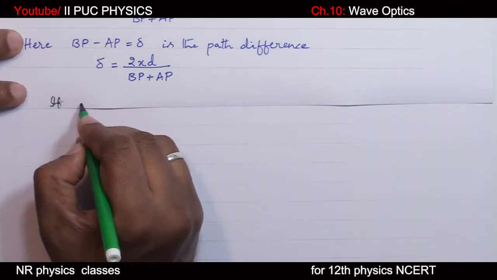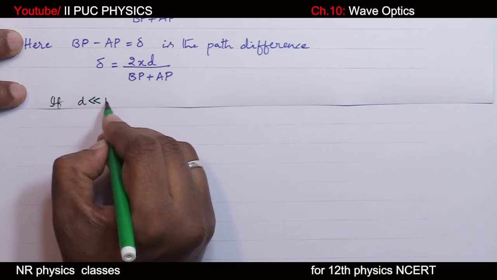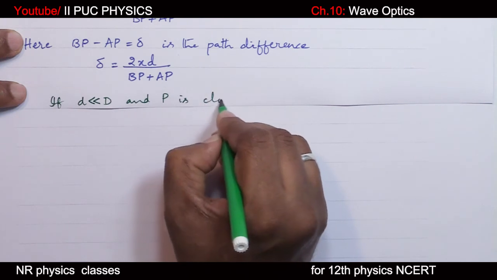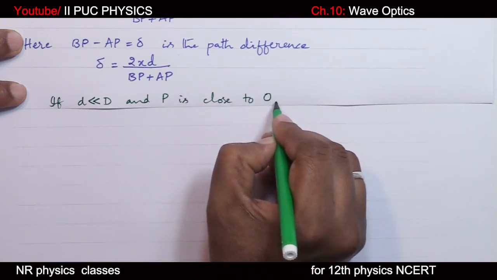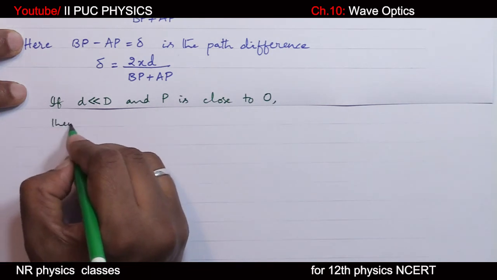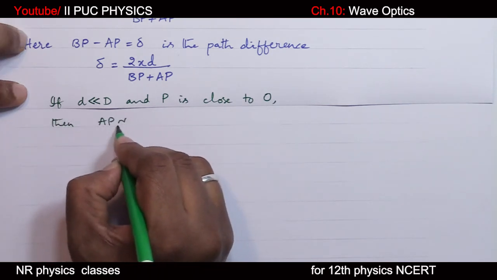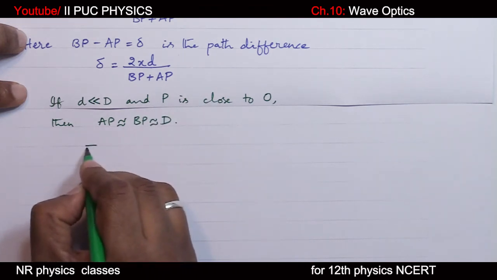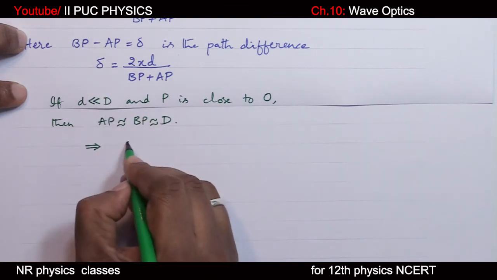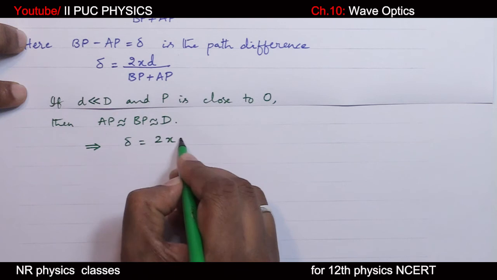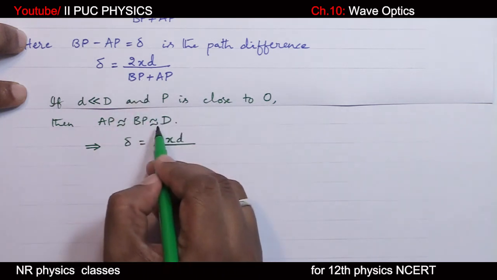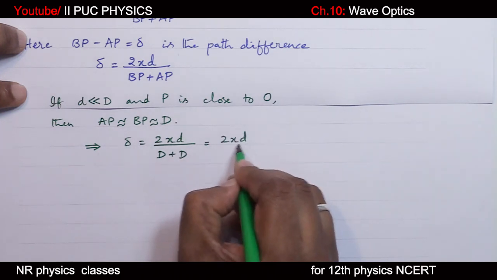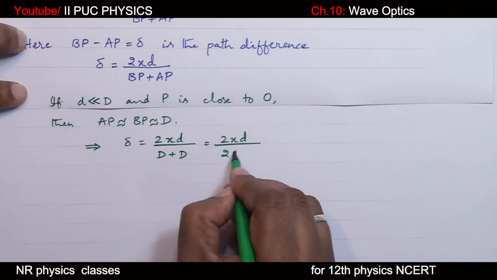If small d is very much smaller than capital D and P is close to O, then AP is almost equal to BP equal to D. This implies that path difference delta equal to 2xd by, BP is D, AP is also D, 2xd by D plus D is 2D.